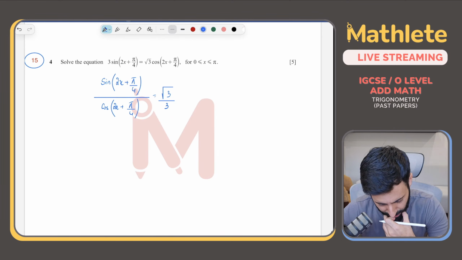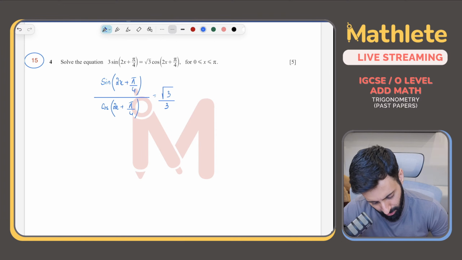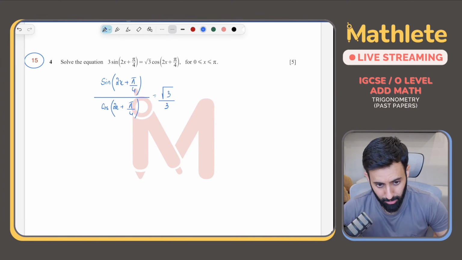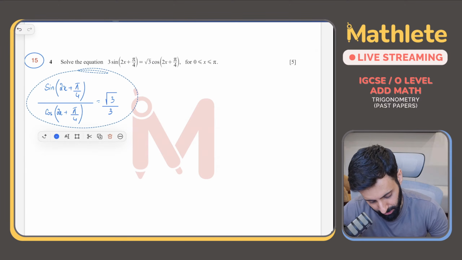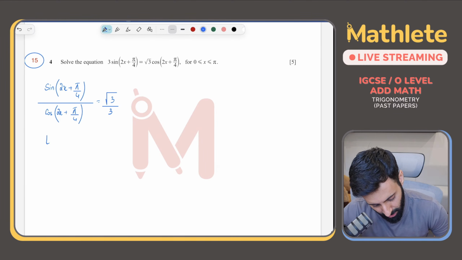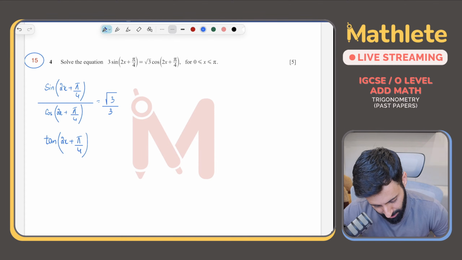Let's just double check, make sure we've done everything correctly. Yeah, looks good to me. Now what is sine upon cos equal to? Sine upon cos is equal to tan. So tan of (2x plus pi upon 4) equals under root 3 upon 3.